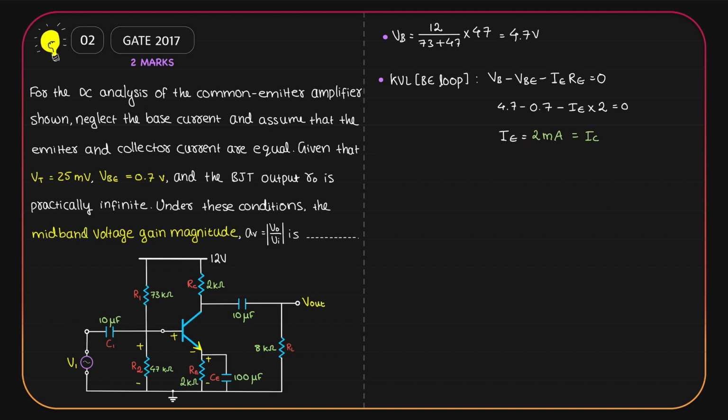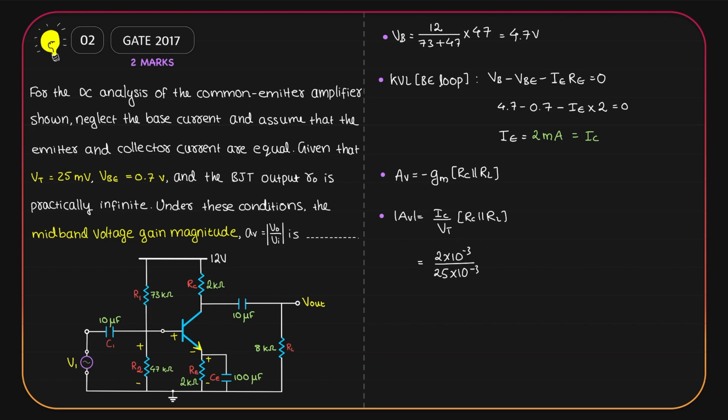Now let's bring the gain. It is negative gm (RC parallel to RL). And gm is IC by VT, so I will write it that way. Magnitude of gain is IC by VT multiplied by RC parallel to RL. We have all the values, so let us give the values.